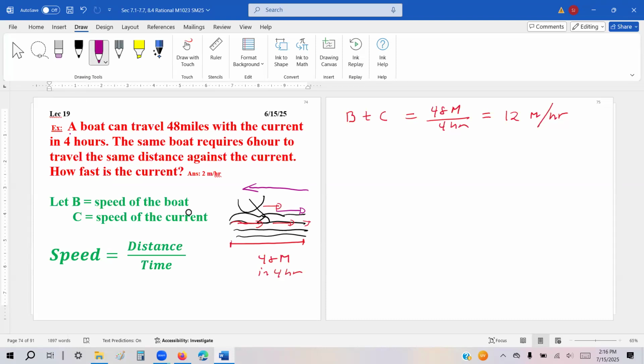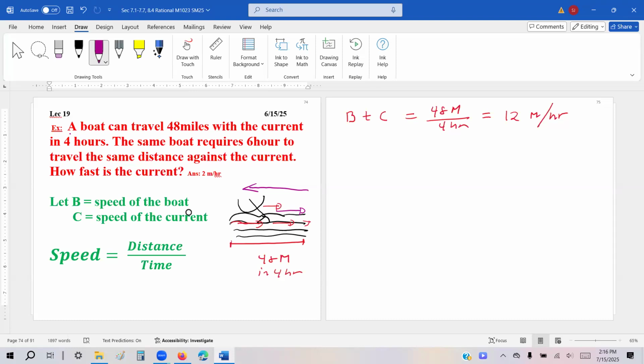Because now you have a problem. You're going against. For example, think about an escalator. The escalator is coming down, but you are moving up. Will it take longer or faster for you to reach the top? Escalator is coming down, but you're trying to move up. Will it be faster or slower for you?